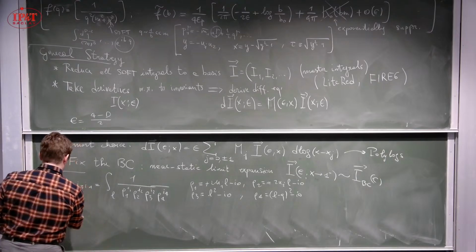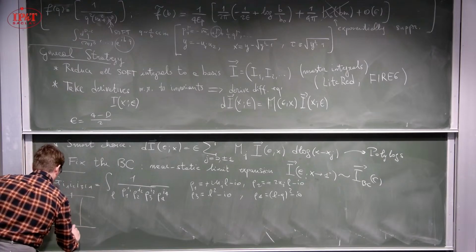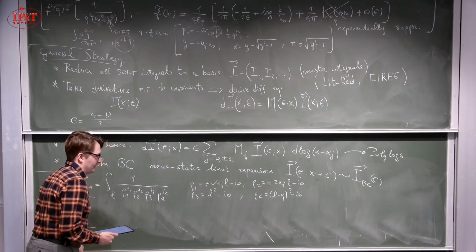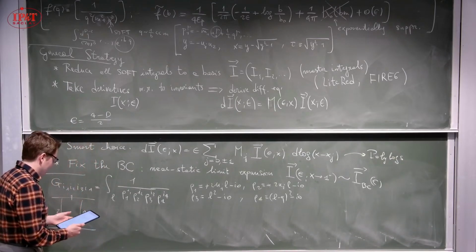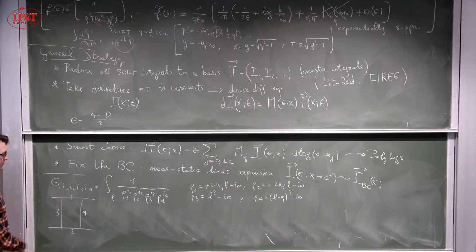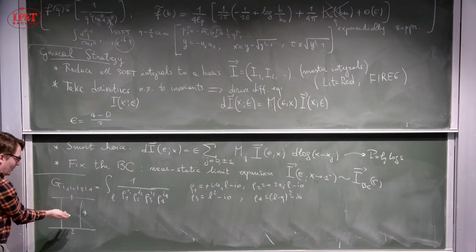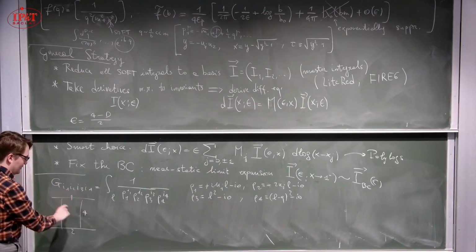So let me leave to you as an exercise evaluating the simple ones. The idea is that when you have a maximal topology, like in this case the box, typically the master integrals associated with this family will be the top topology and possibly some pinchings, the ones in which you eliminate some of the propagators.